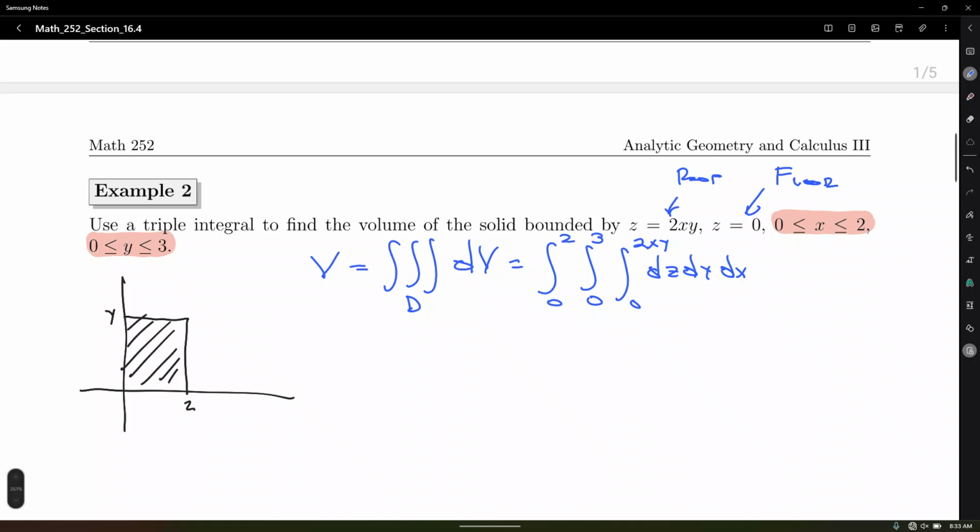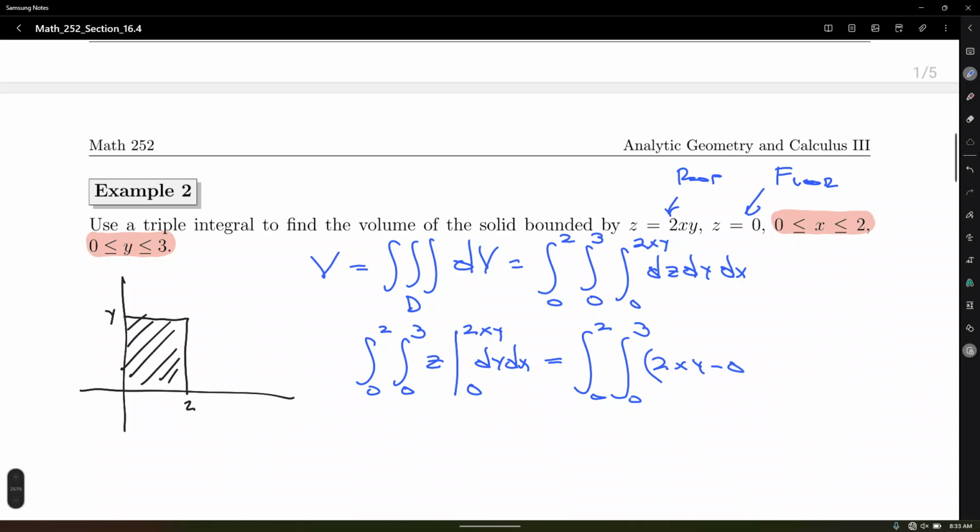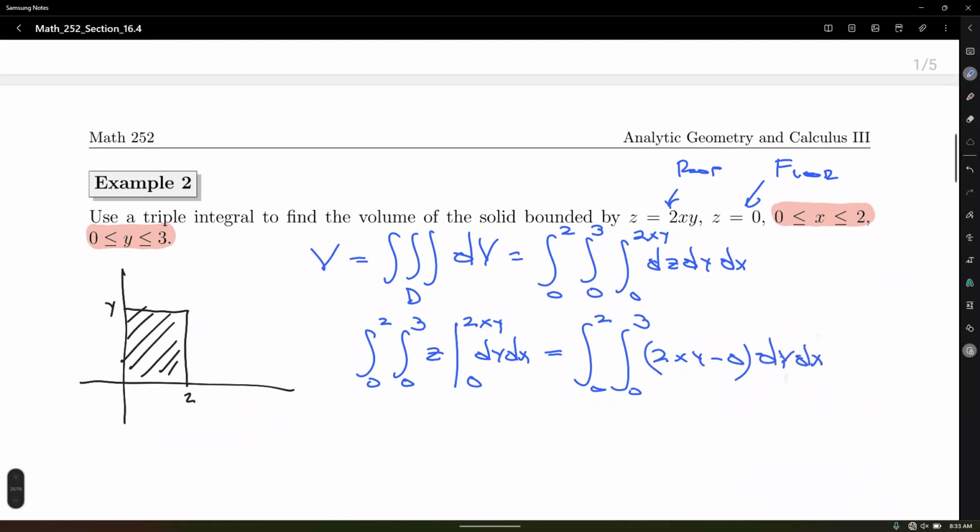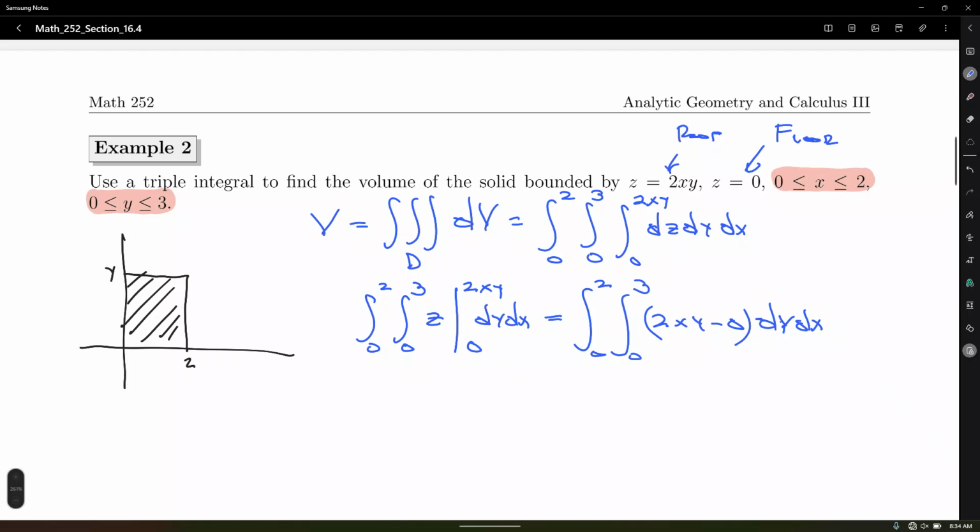So that is the integral from 0 to 2, from 0 to 3, of z between 0 and 2xy, don't forget the dy dx, equals the integral from 0 to 2, 0 to 3, of 2xy minus 0 dy dx. However, 2xy minus 0 is just 2xy.